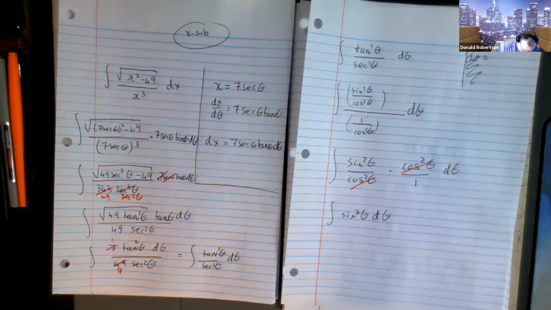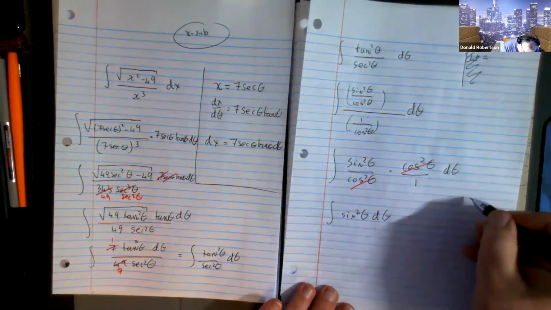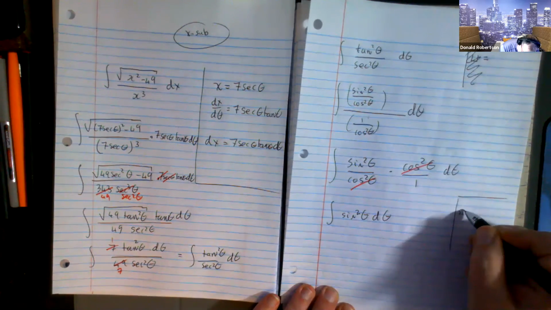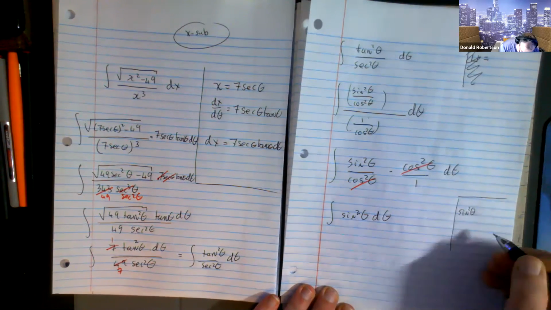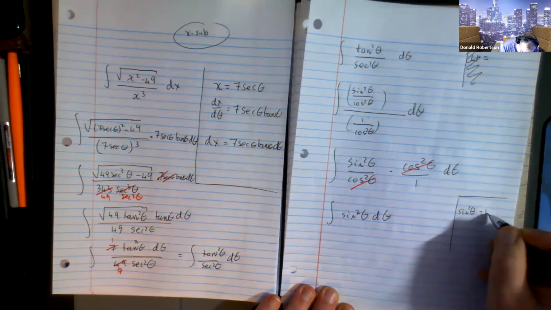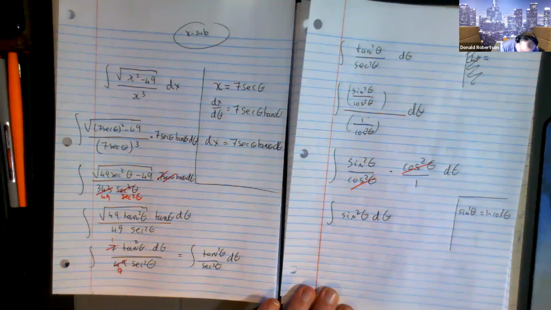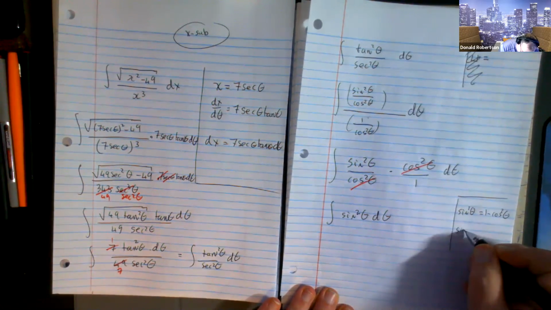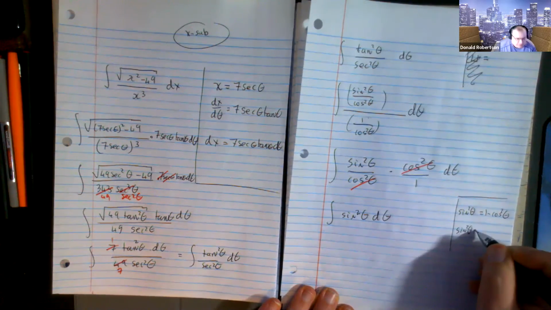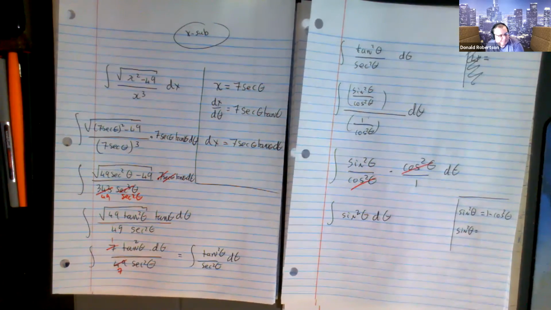I'm going to use a trig identity. There are two versions of sine squared. One of them is that, but that's not much use. Does anybody know what the other one is? What's the second one?